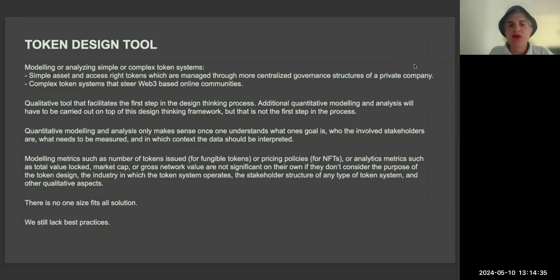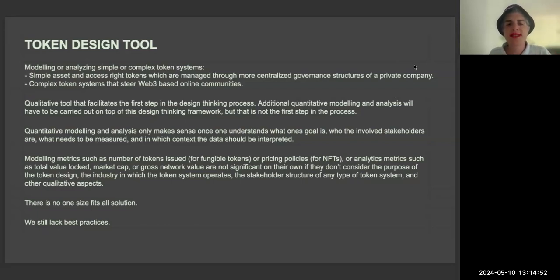Modeling metrics such as the number of tokens issued, which is only applicable for fungible tokens, or pricing policies, which is applicable to non-fungible tokens, can only be applied when you know what kind of token you're designing, et cetera.